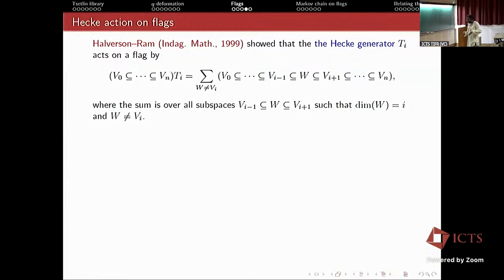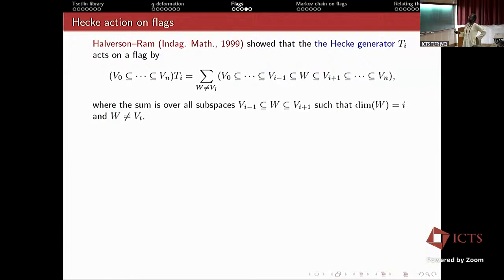So the relation between the Tsetlin library and the flags is through this very nice result of Halverson and Ram from '99, who showed that the Hecke algebra, where the parameter q now is the prime power q, acts on a flag in the following way.